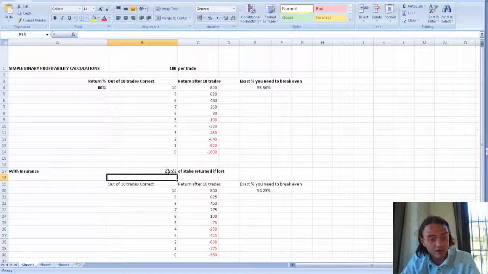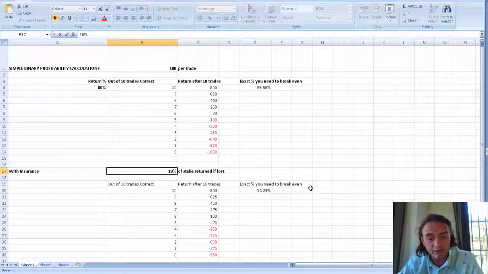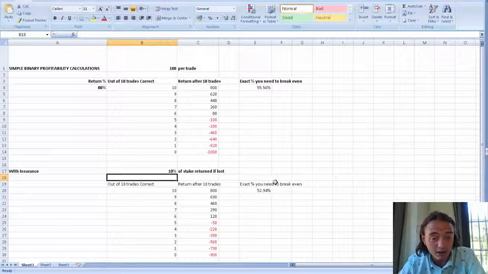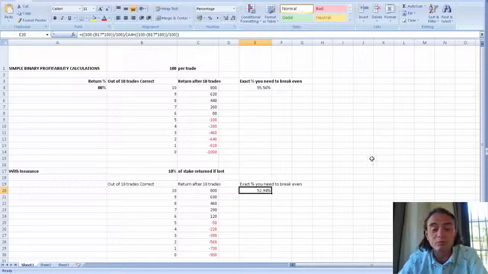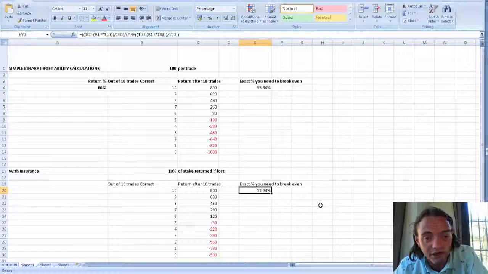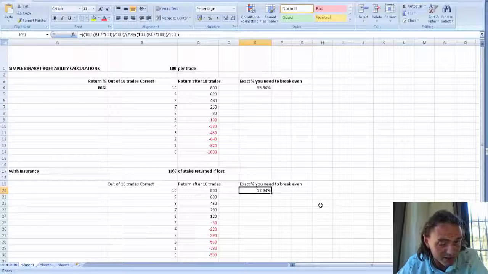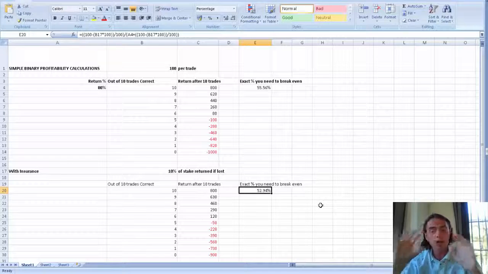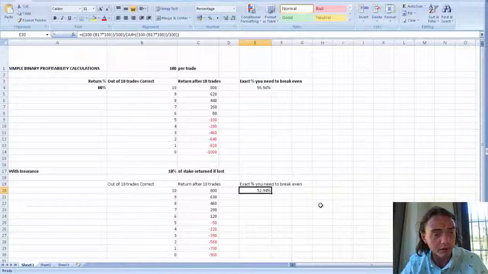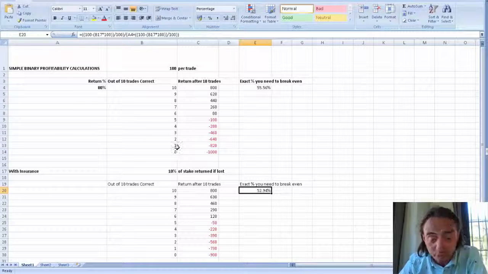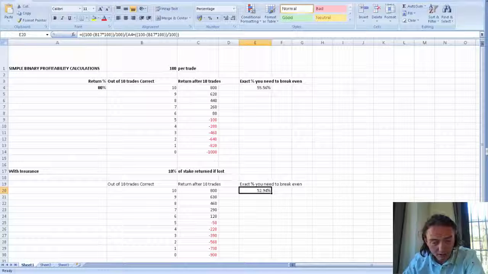You can see here, if the broker is offering you 10% return even if you lose your trade, you need to be correct 52.94% of the time if your return is 80% on a winning trade. Hopefully that's not just confused you all, but the calculator will be available to download, and I hope you find it useful. Okay, let's carry on.